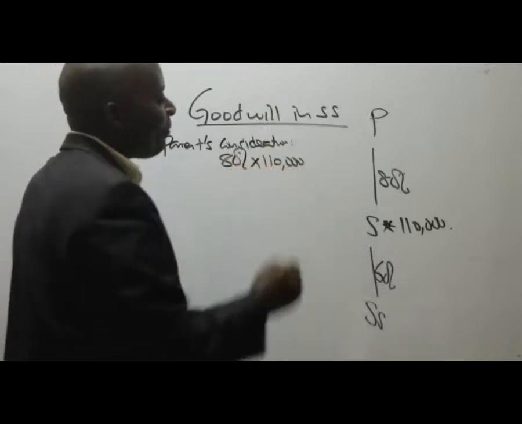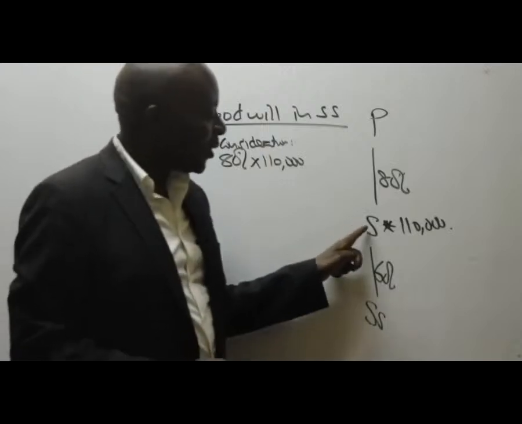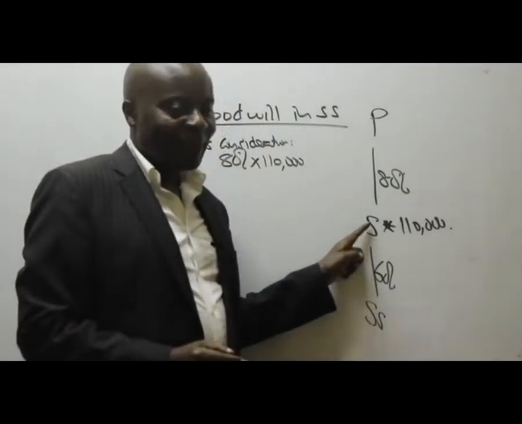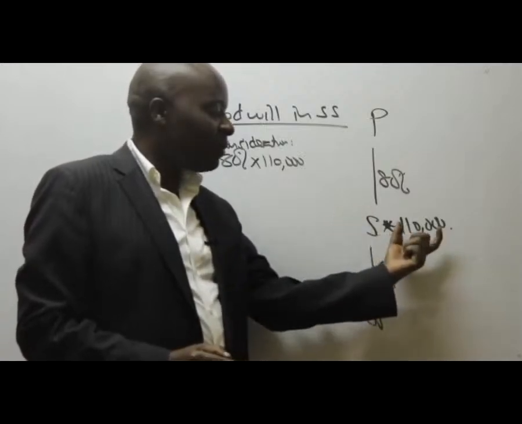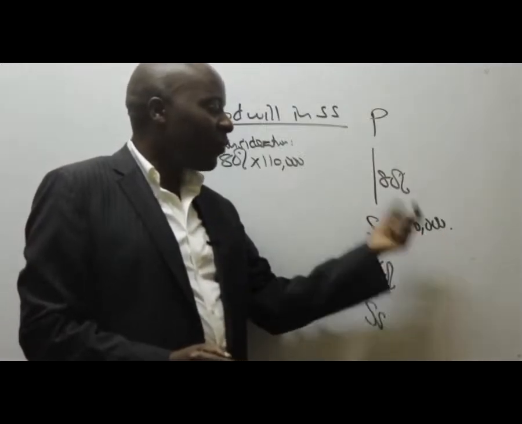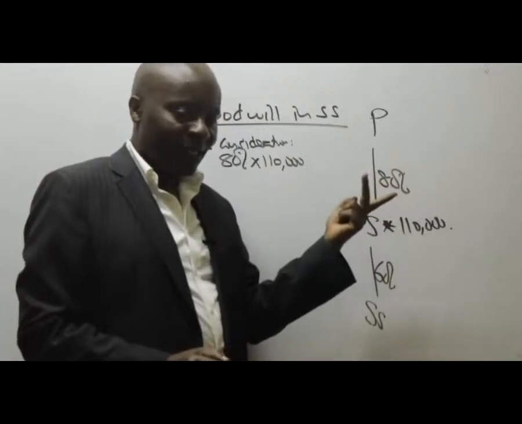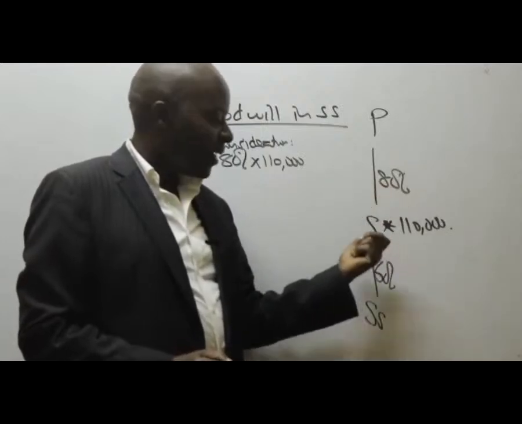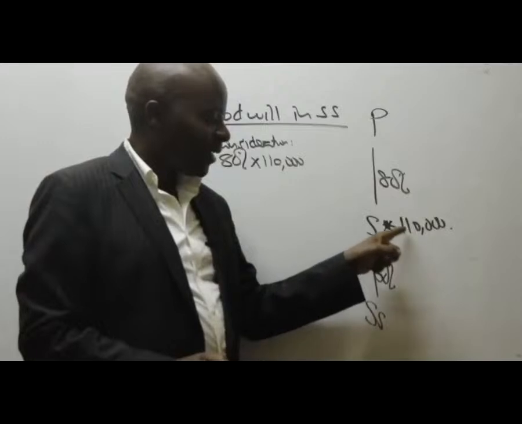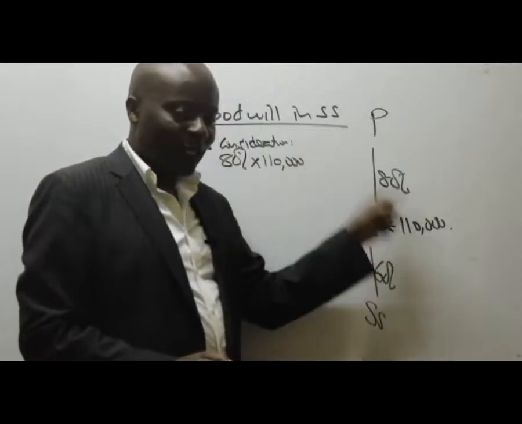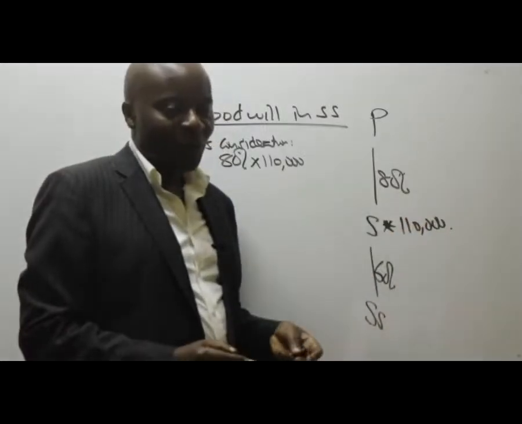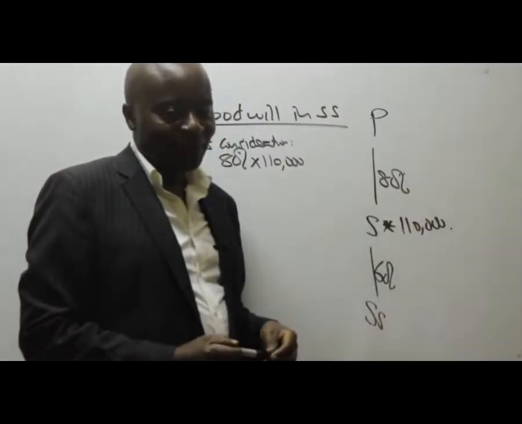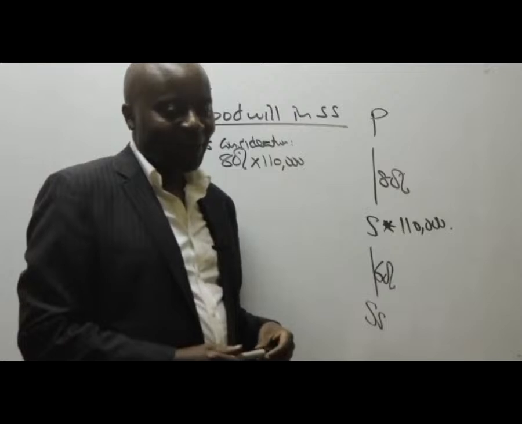The parent only owns 80% of S. So when S raises this money, it has gotten it from two owners. It got 80% from the parent and 20% from NCI.